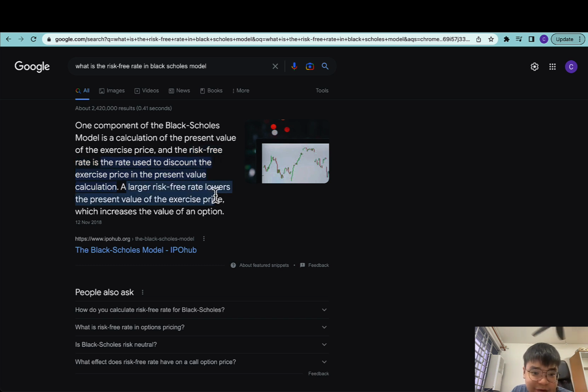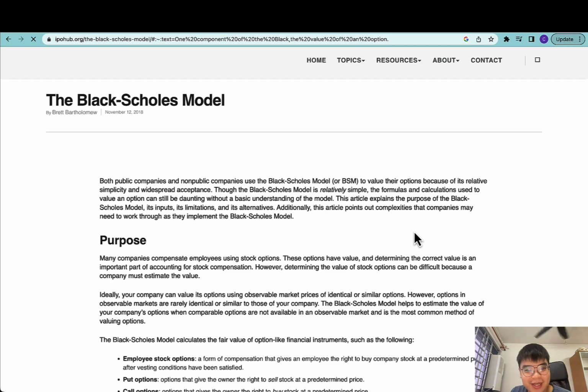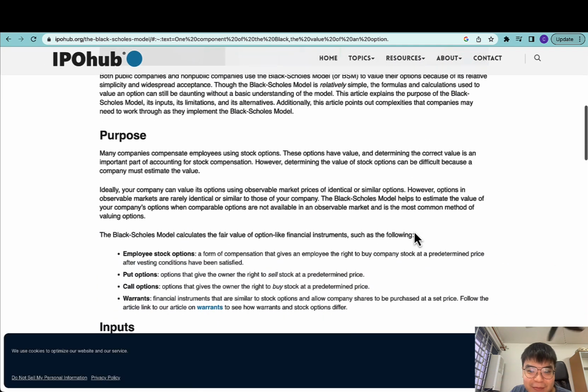A larger risk-free rate lowers the present value of the exercise price, which increases the value of an option. Okay, I don't think I really understand what that means, but let's take a look. As you can see, I'm really new to this.